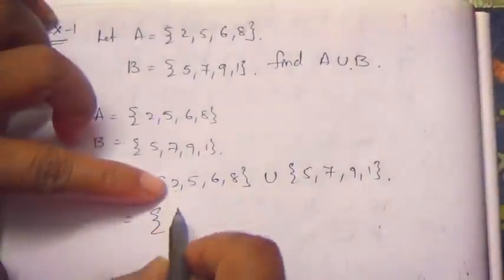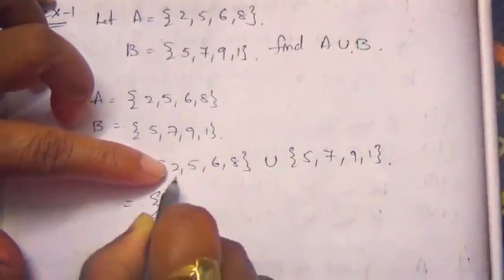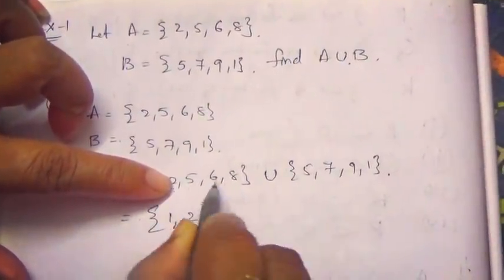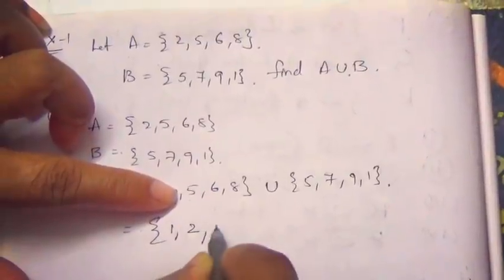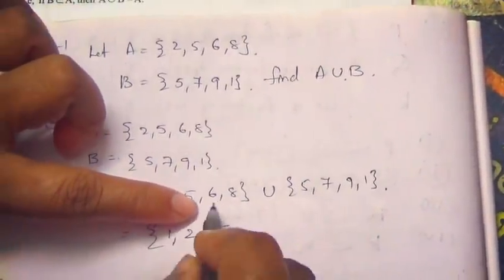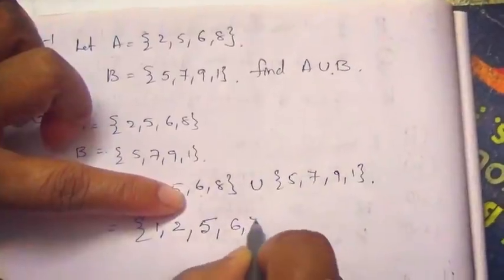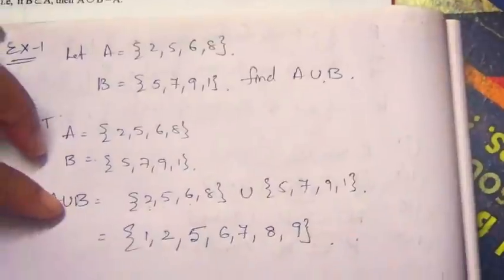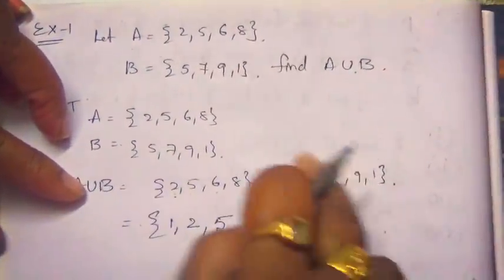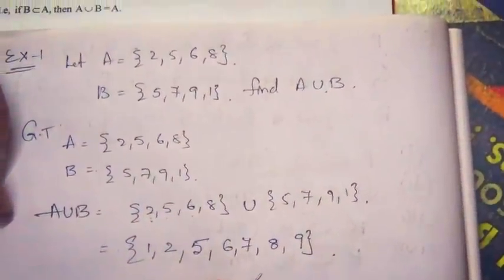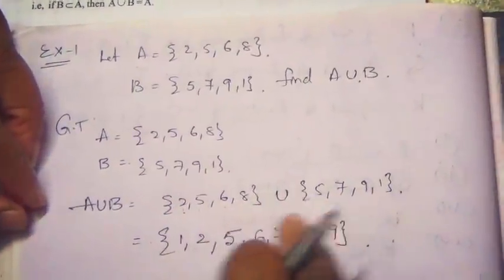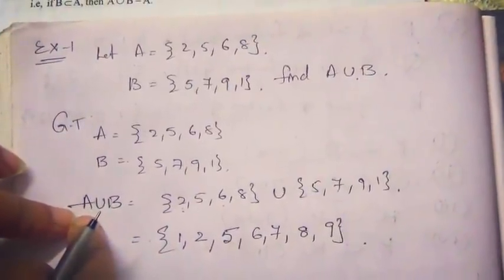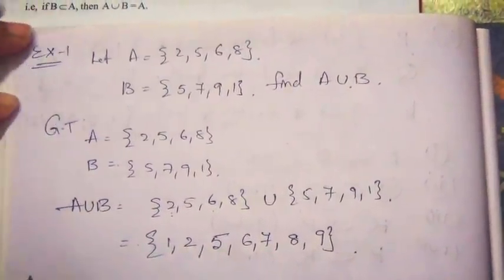So 1, 2, 5 is there 2 times in both the sets, you have to write only once, and 6, 7, 8, 9. All the elements which belong to both the sets you have to write here. But if any element is repeated, only once you have to write here. That is union. Okay. It is very easy, you know. Right. Example 2.